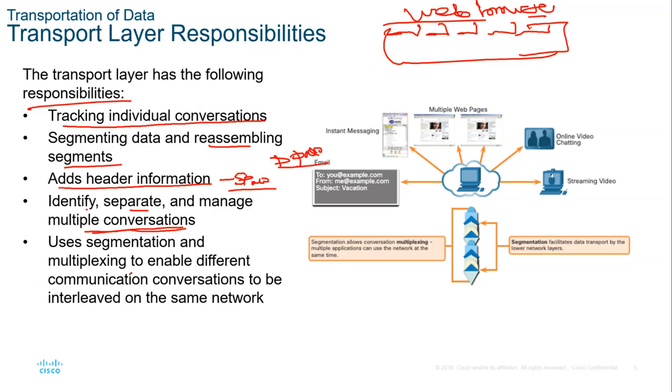It uses segmentation and multiplexing to enable different conversations to be interleaved on the same network. What we have here are segments, as you can see, and this segmentation allows conversation multiplexing. So multiple applications can use the network at the same time.